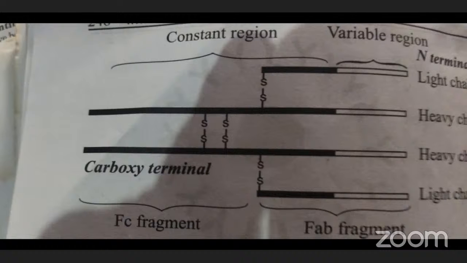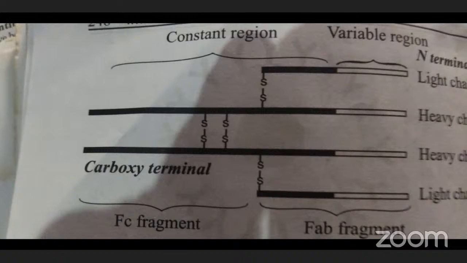Each light chain and heavy chain are linked by a single interchain disulfide bond. Here the disulfide bond occurs between the light chain and heavy chain. Here also the disulfide bond occurs between the light chain and heavy chain. Clear?